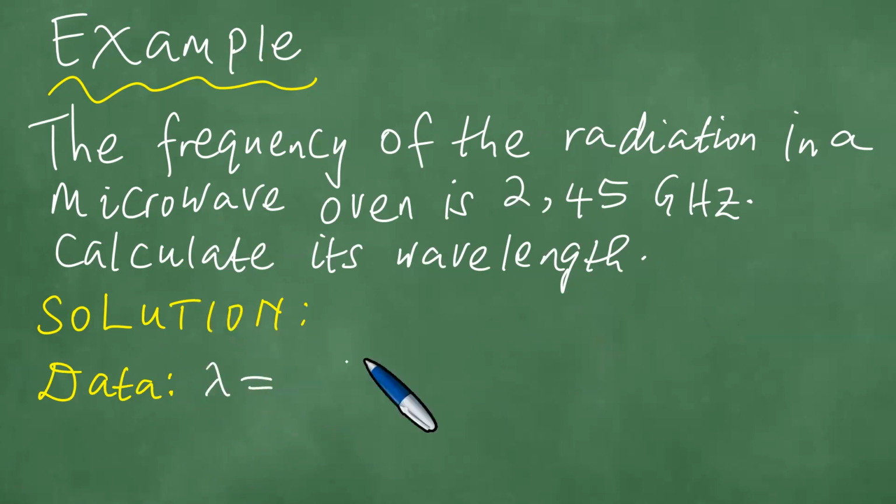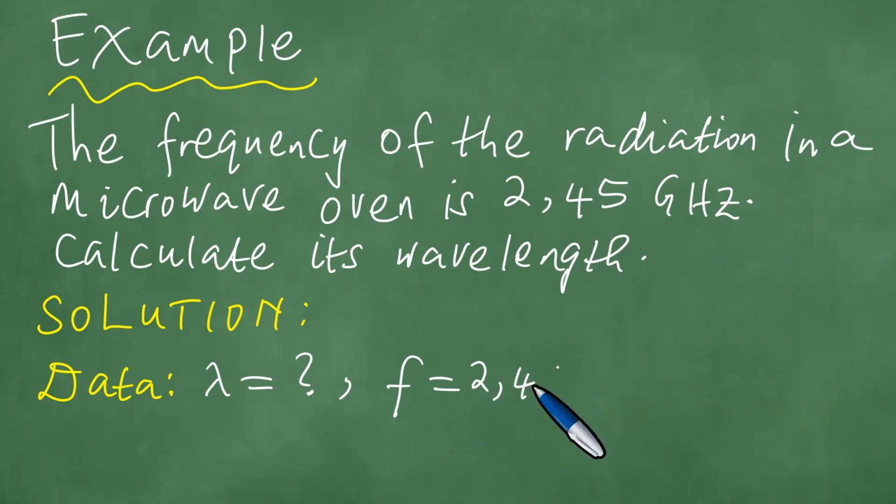Okay, they are saying calculate the wavelength. So the wavelength equals a question mark, but the frequency of radiation in the microwave oven is this. What is the frequency? So the frequency is 2.45 gigahertz.